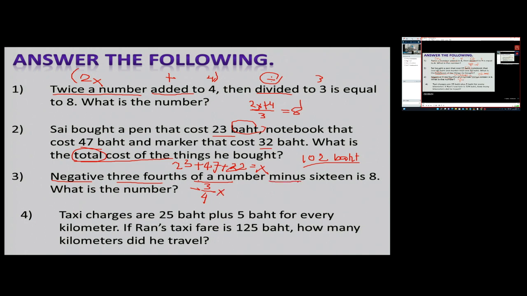Minus 16 is equal to 8. And so, now let us solve the value of this equation. So we will have negative 3/4x minus 16 is equal to 8.